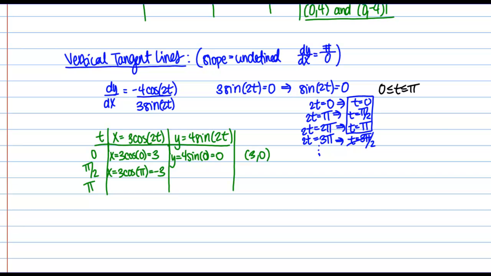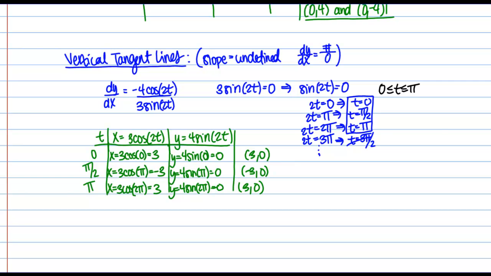And then I get y equals 4 sine of pi, which is 0. So that's the point (-3, 0). And then if I plug in pi, I get x equals 3 cosine of 2 pi. That's 3 times 1, which is 3. And I get y equals 4 sine of 2 pi, which is 0. So once again, I get the point (3, 0).